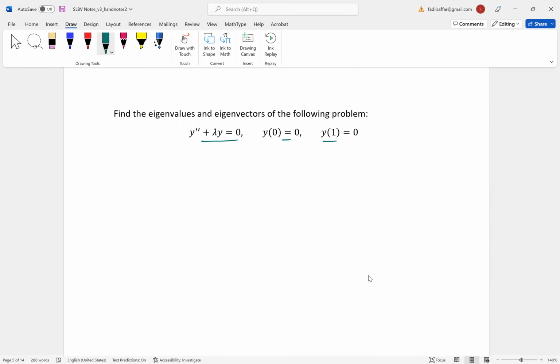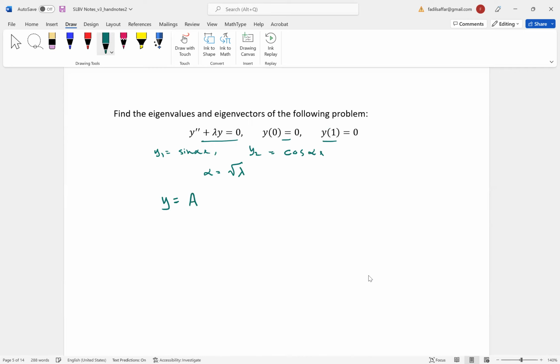So we'll assume a solution just like what we did before. If we use y1 equal to sine alpha x, and y2 equal to cosine alpha x, you'll find that alpha is basically square root of lambda, and we will find a solution that's y1 plus y2, and that looks like this.